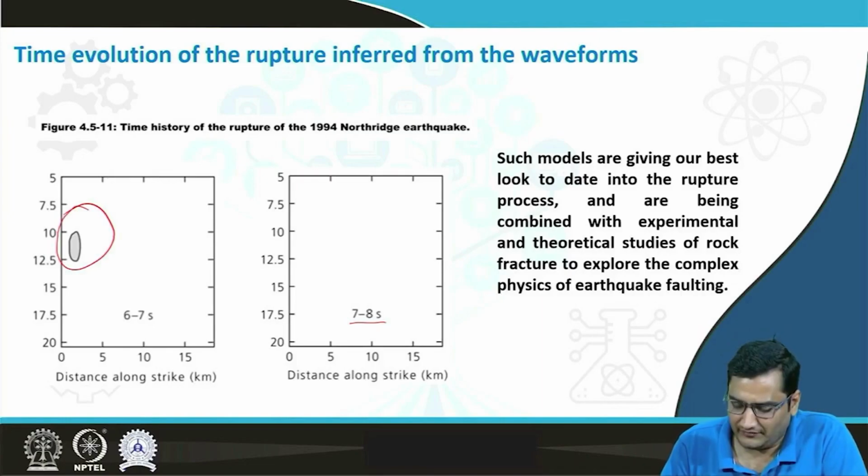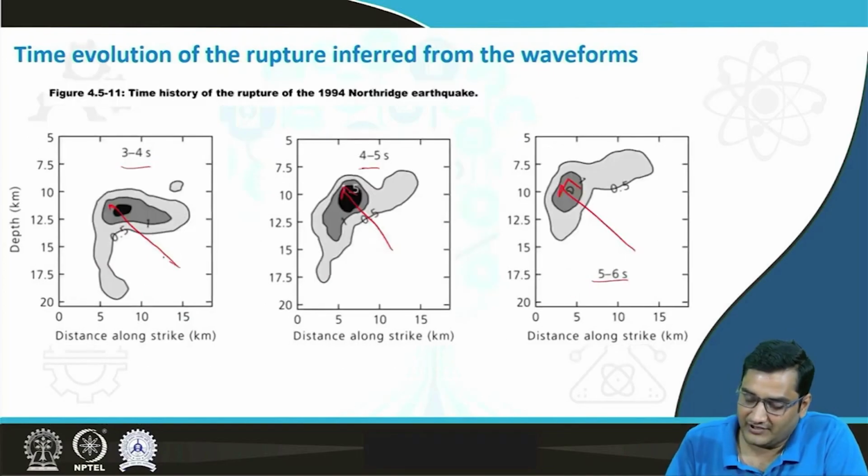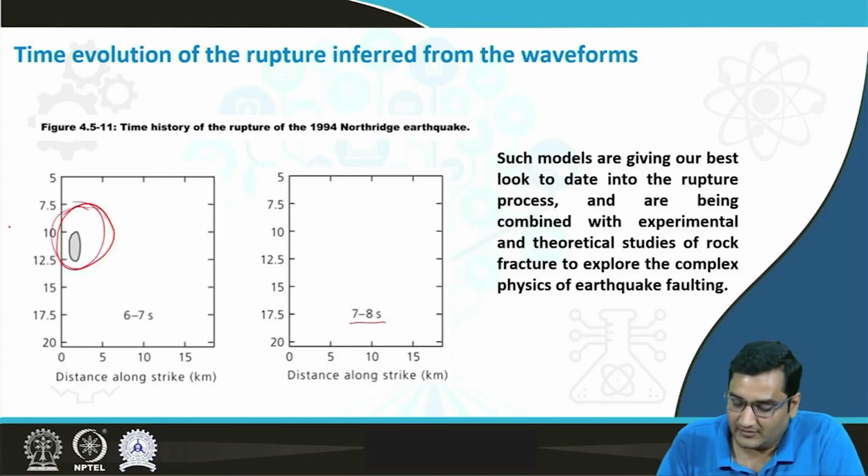This is a very nice picturization of the rupture process, where we can see how the rupture evolves with time. First it started at the epicenter, then it moved in the up dip direction, then it moved in the northwest direction, and finally it settles at the northwest corner.